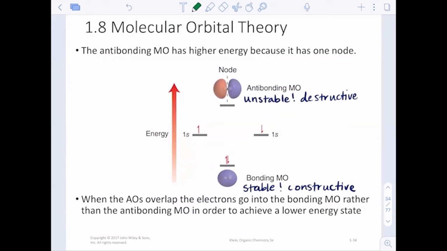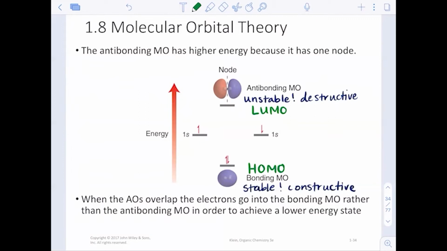The lowest unoccupied molecular orbital, or the LUMO, is this one right up here. This is unoccupied. There are no electrons in it, and it's the lowest unoccupied molecular orbital. The highest occupied molecular orbital, the HOMO, is the one right below it. This threshold in between these two MOs is where we can start talking about excited electrons and relaxed electrons.